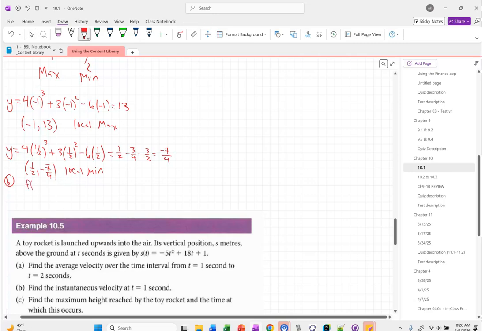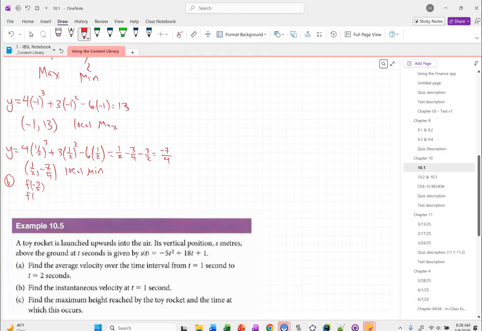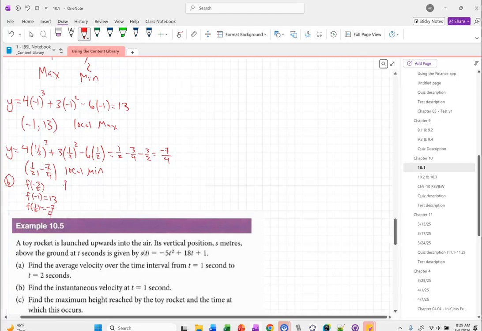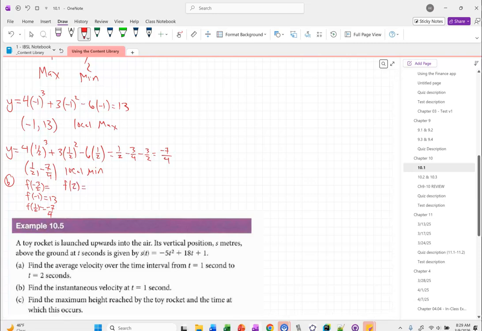So I need to compare f of negative 3/2, f of negative 1, which we already did, f of 1/2, which we already did, and then f of 2.